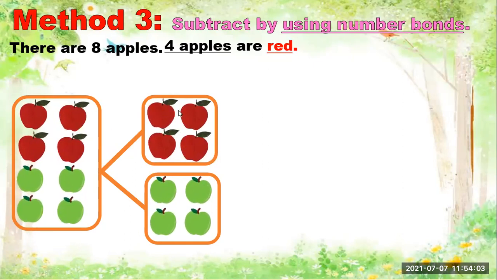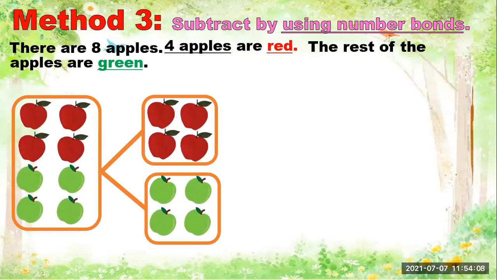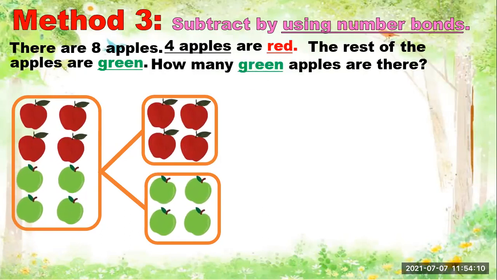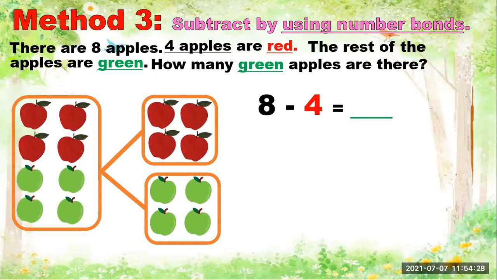So you write here 4. And the rest of the apples are green. Now the question: how many green apples are there? There are 8 apples, 4 apples are red and the rest are green. So we write here 8 apples minus 4 red apples. So there are 4 green apples, right?